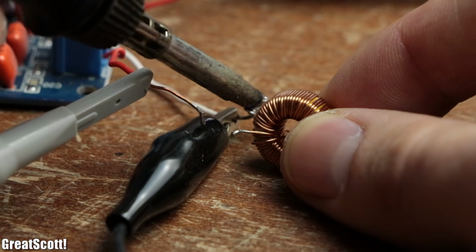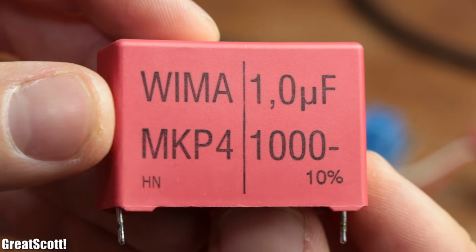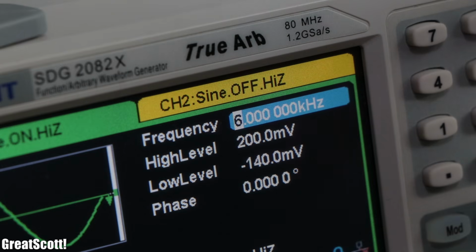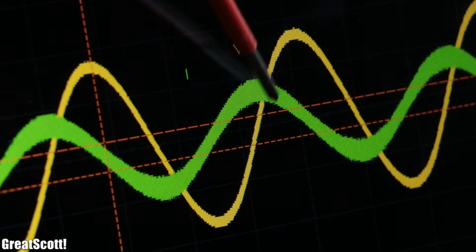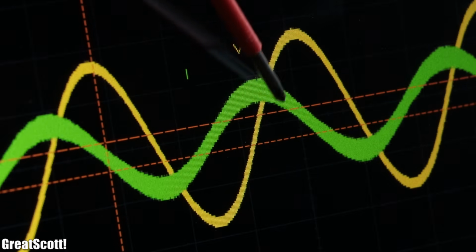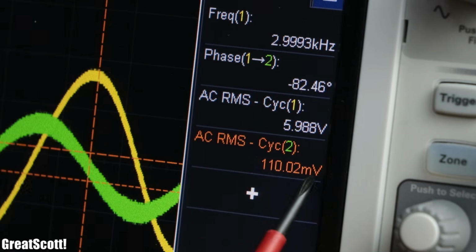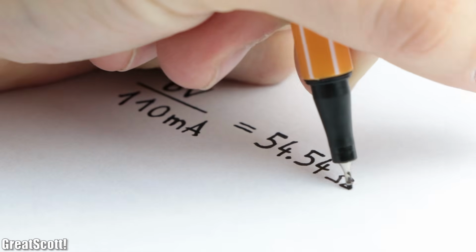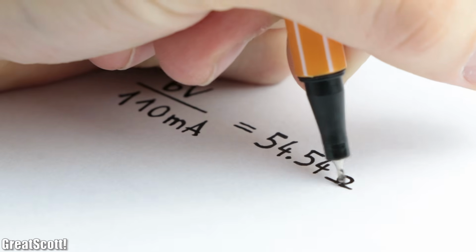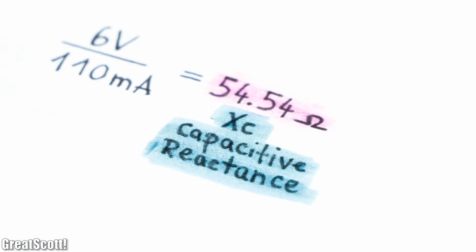Now if we would replace the inductor with a capacitor, which features a capacity of 1 microfarad, and use a frequency of 3 kHz, we can once again observe a phase shift of around 90 degrees, but this time the current is leading. Also, we got an RMS current flow of 110 mA, which means just like with the inductor, we got a new sort of resistance, this time known as capacitive reactance.